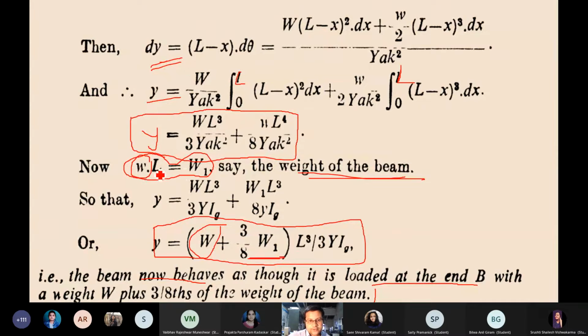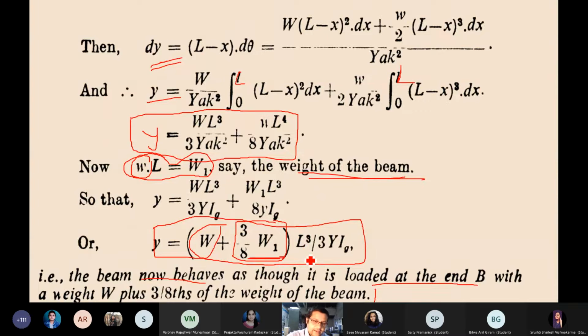So small w into capital L, suppose we write as w1, and when the beam's own weight is added, then we say that portion is equivalent to thrice by 8 of the weight of the beam.